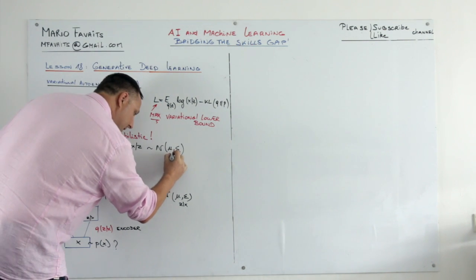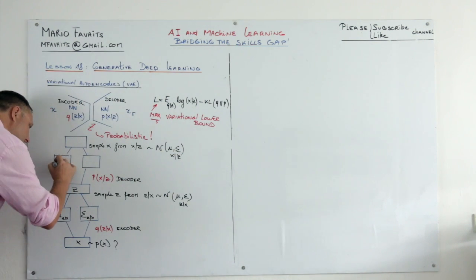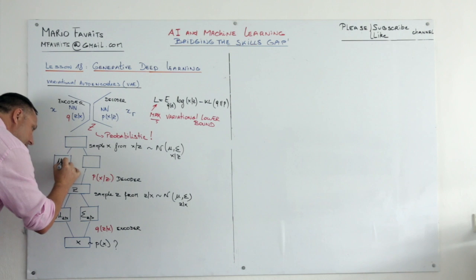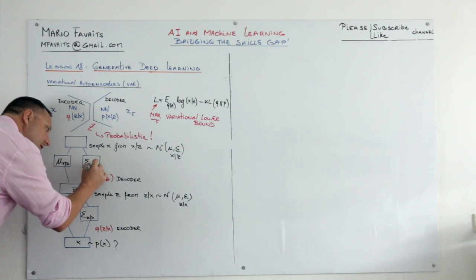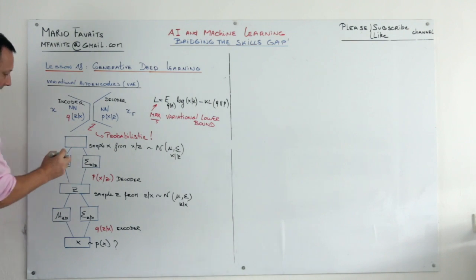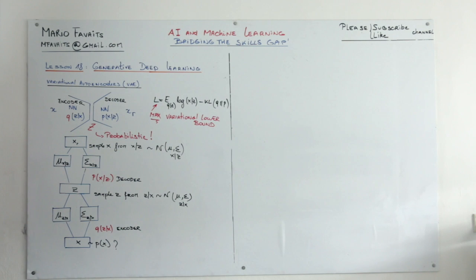So here we have mu of X given Z, and here sigma of X given Z, and then at the end it will give you your X reconstructed. So that is the whole idea of variational autoencoders.